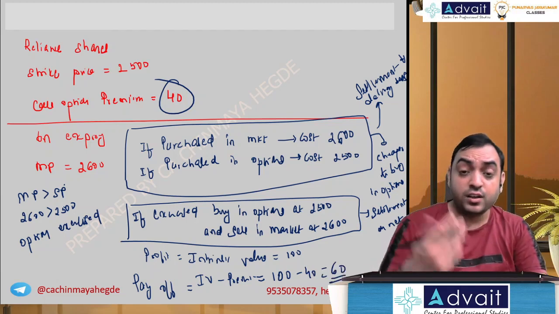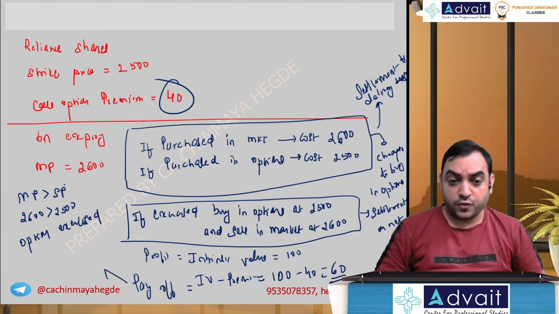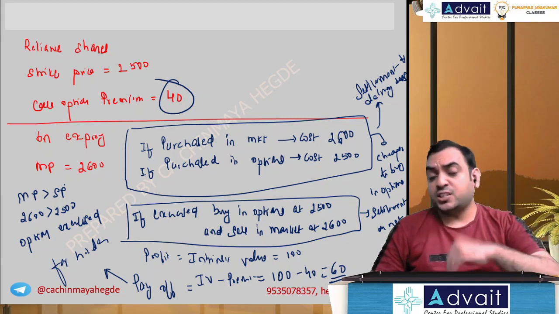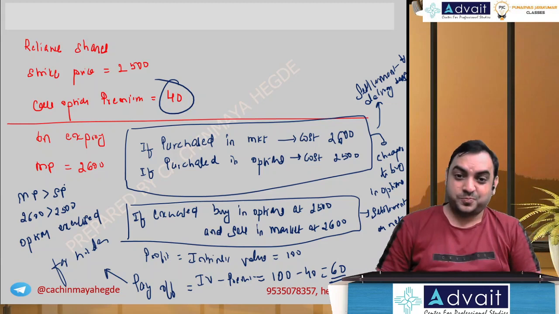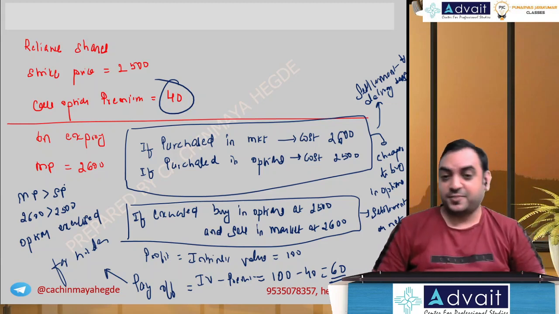That's the benefit for the holder. This is payoff for the holder. The opposite happens for the writer, because for the writer, premium is inflow but intrinsic value is outflow.